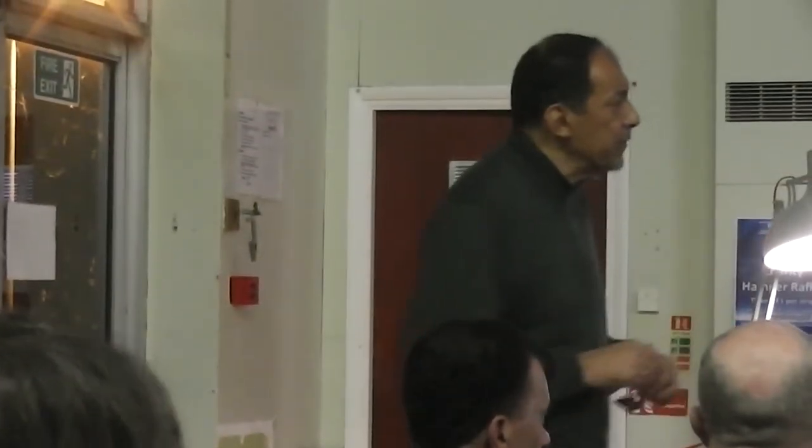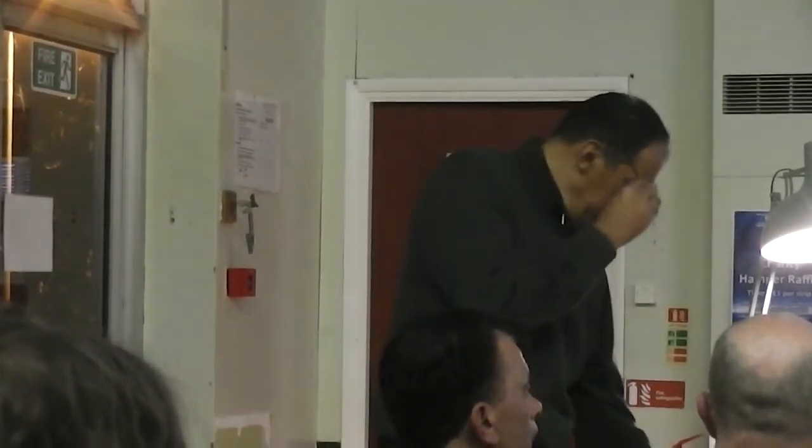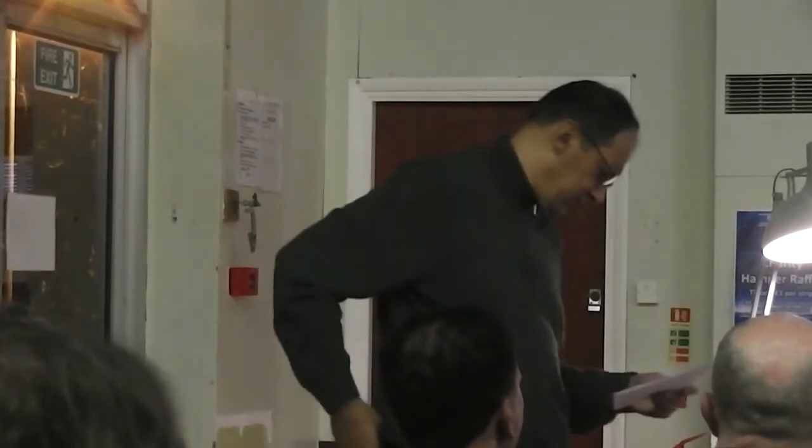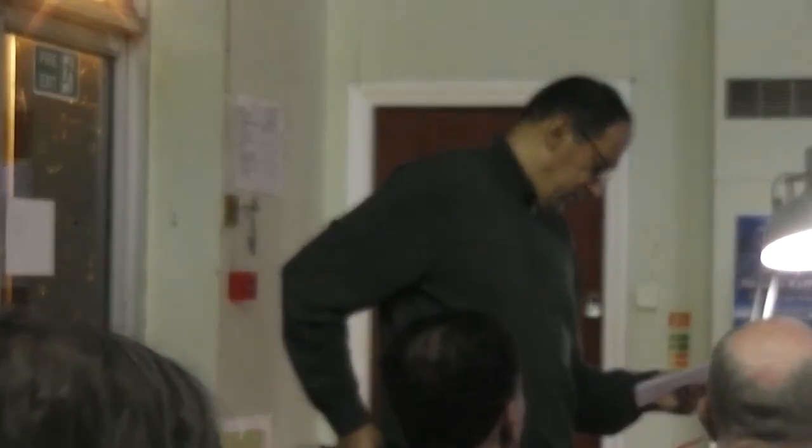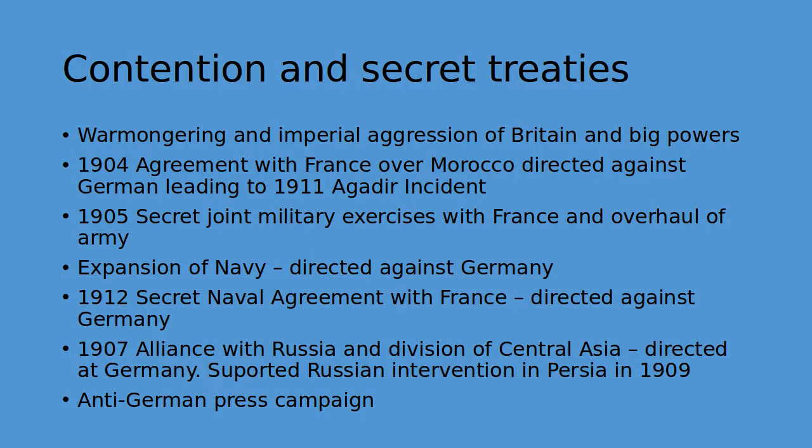And in fact, that redivision could only be made by going to war. And in the build-up to the war, as I mentioned, there were various incidents and agreements between the big powers. To go on to the next slide, I've mentioned some of them here.